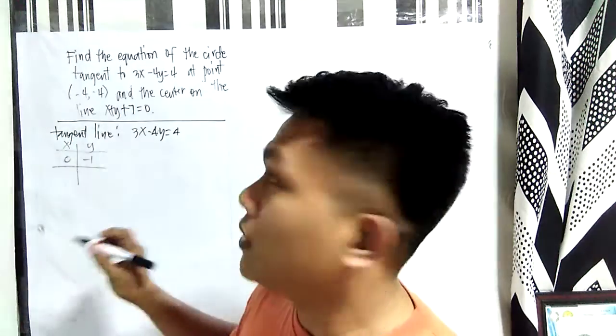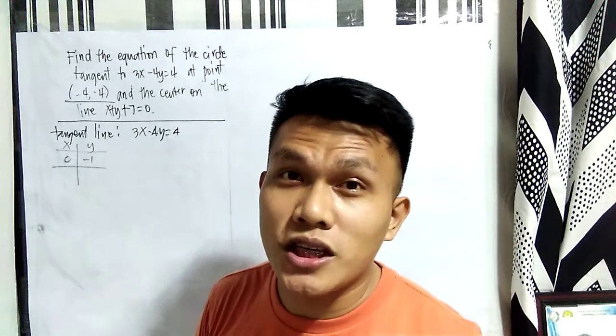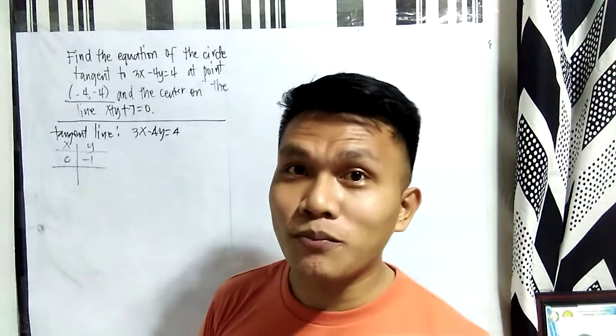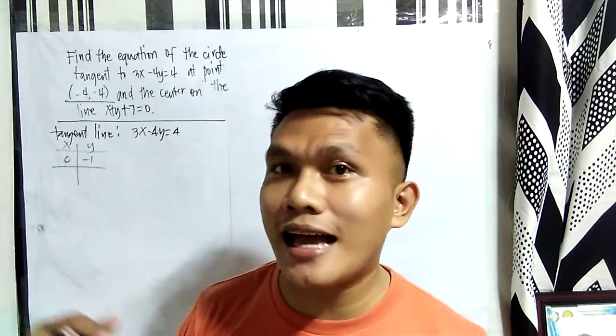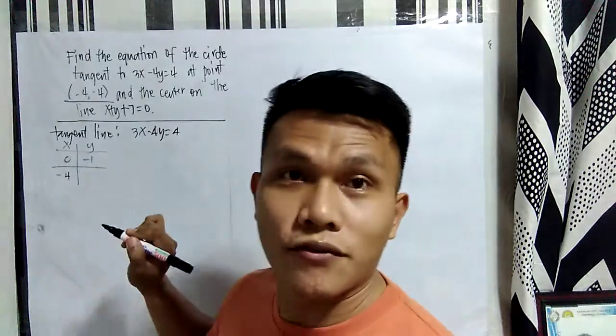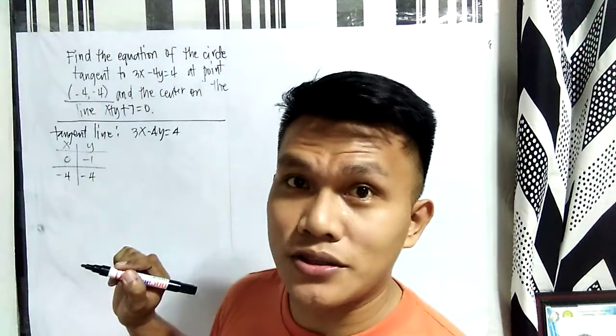And we are also given here our (-4, -4), which is yung ating point of tangency. So ibig sabihin, ang point of tangency na yan, dyan dadaan ang ating tangent line. So kung ang x natin ay negative 4, ang ating y will be negative 4. So let's check.